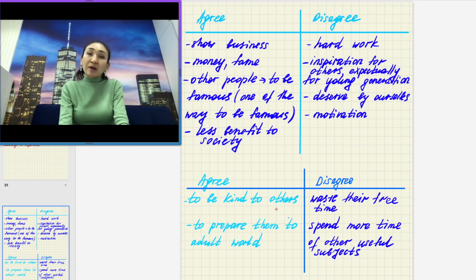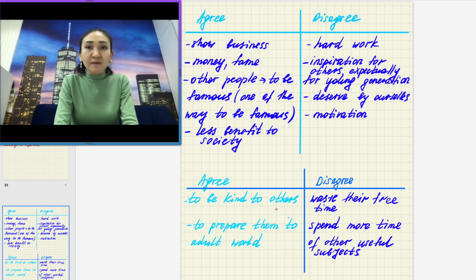And in case of disagree, they are doing very hard work. They became an inspiration for other people, especially for the young generation. And they deserve this higher salary, and they have a good motivation to do so.